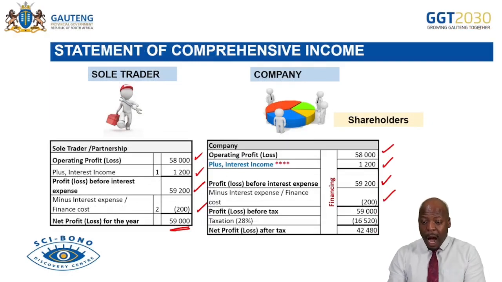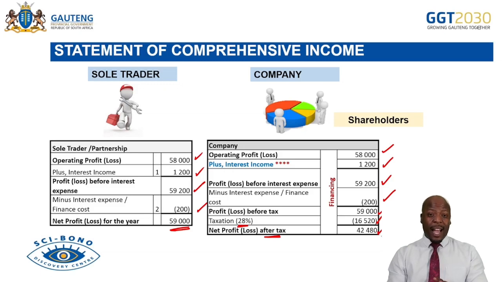In this case, our taxation is at 28%. So after we have the profit before tax, we will then subtract our income tax, and then you get 28% of that figure, then you end up with that amount. And then we now have what we call net profit after tax.